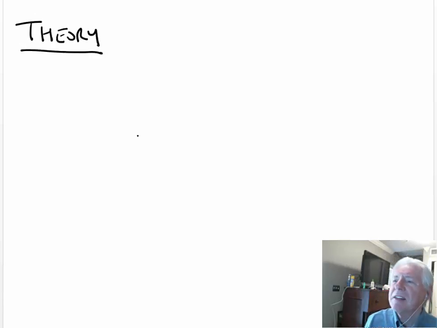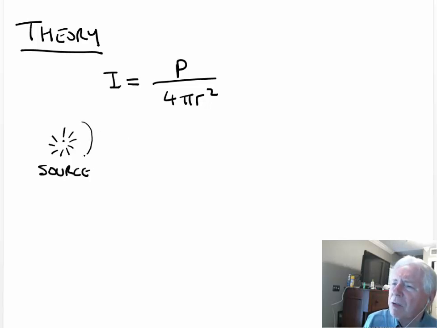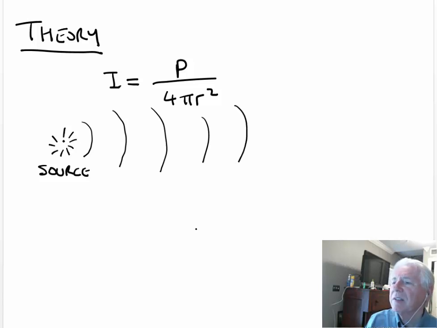The theory says that the intensity of light is equal to the power of the light source divided by 4 pi r squared. And you might ask, where does that come from? If we say this is our light source, as the light photons leave the source, they spread out over bigger and bigger spheres. Let's draw this on a different scale.